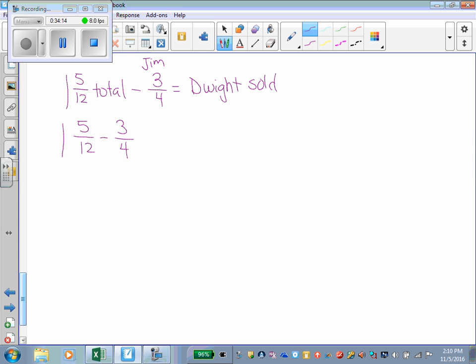Well, 12 can't become 4, so 4 can become 12, and it can be done by multiplying by 3. Whatever you do to the denominator, you do to the numerator. So to rewrite our problem, we have 1 5/12 minus, now using our new denominator of 12 and our new numerator of 9.